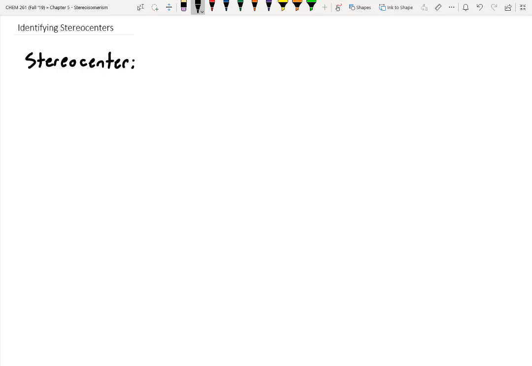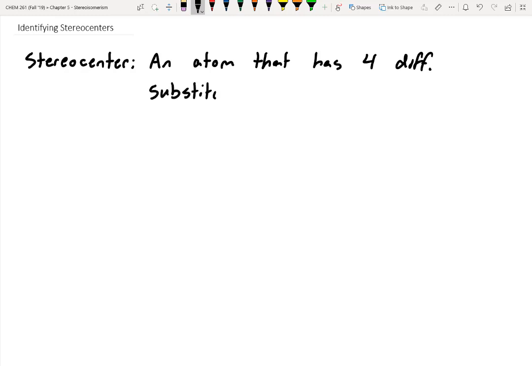All right, so a stereocenter is an atom that has 4 different substituents coming off of it. And one can be a lone pair.